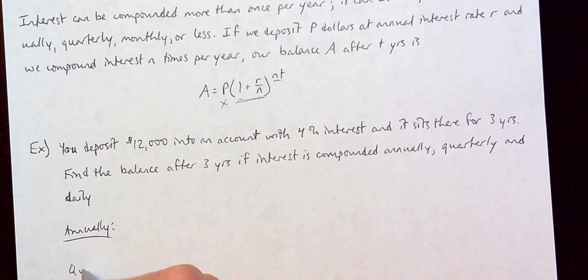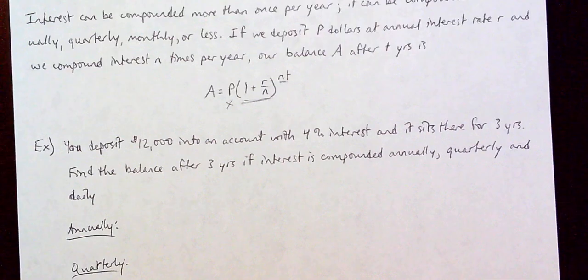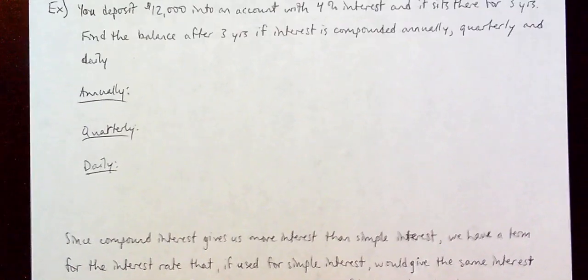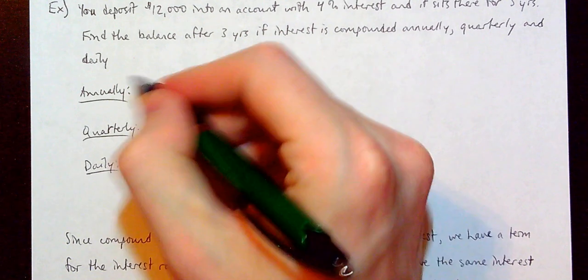So we're going to set each of these things up first, and then after we get all the formulas set up, we'll actually do the calculations and we'll see what they come out to be.